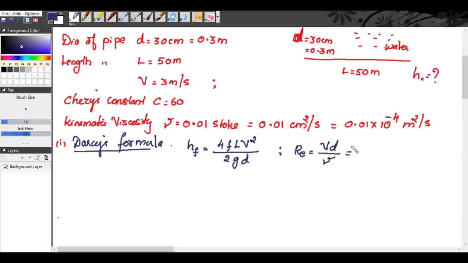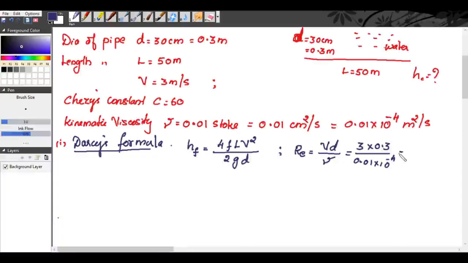That is equal to velocity 3 meter per second, times the diameter of the pipe 0.3, divided by nu, given as 0.01 into 10 to the power of minus 4.